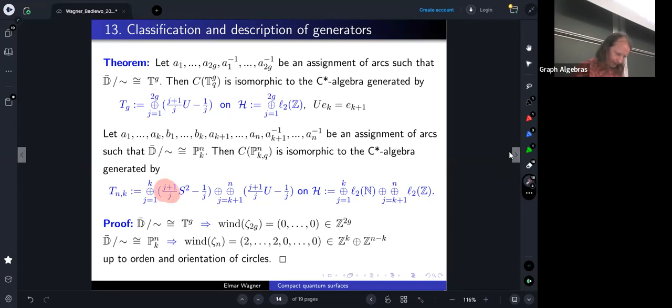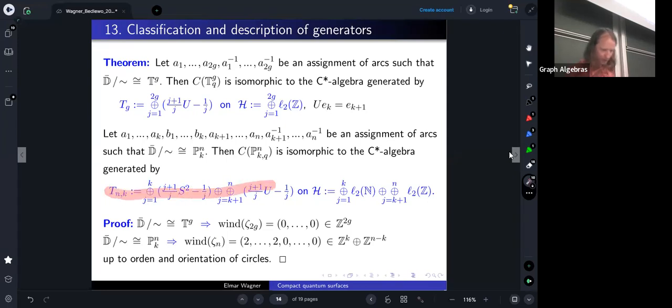Here again, I take the radius (j+1)/j and the center 1-j. So the essential spectra of these are circles which are connected at one point. For the ones that have zero, I take again this bilateral shift, continuing with this radius and the center. So all these subalgebras of the Toeplitz algebra are generated as isomorphic.